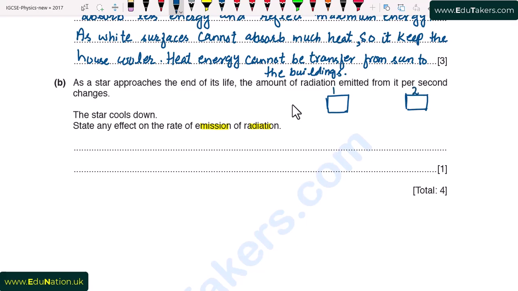And now suppose that the temperature of the first object is greater than the surrounding. So I simply write here T1 is greater than the temperature of the surrounding. And for object 2, its temperature is less than the temperature of the surrounding.